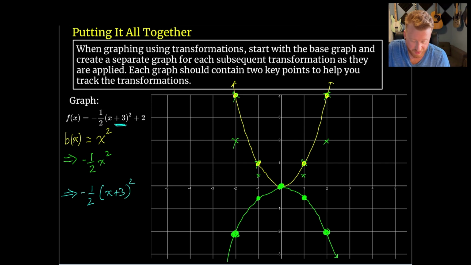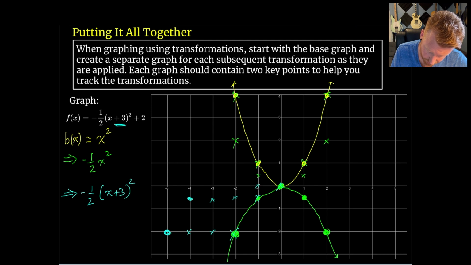In the instructions it said to chase 2 points around. I've got 5 points here that I'm looking at just so that I can be extra sure. This point that I've x'd is going to move over 1, 2, 3 units. This point is going to move over 1, 2, 3 units. This point is moving over 1, 2, 3 units. And then same thing with this guy, 1, 2, 3. And this guy's moving over 1, 2, 3.